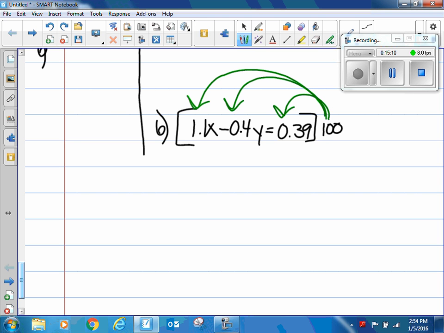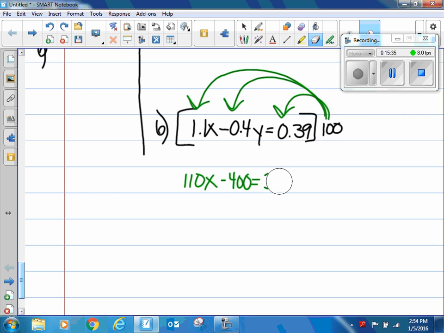So if I multiply 1.1 by 100, I get 110x. 0.4 times 100 gives me negative 400. And then we have 0.39 times 100, and that'll give me 39.